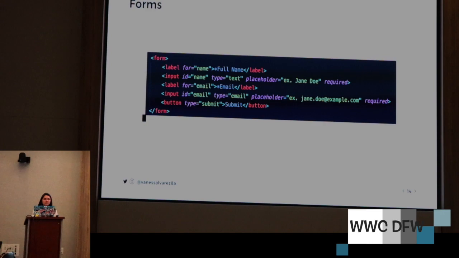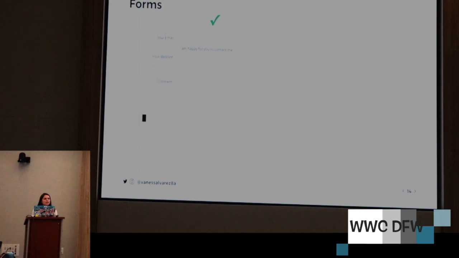And something really important to highlight is to think about users with cognitive disabilities. The proper way for them to have a good experience is by having these labels showing. This is a good path. This is not good.